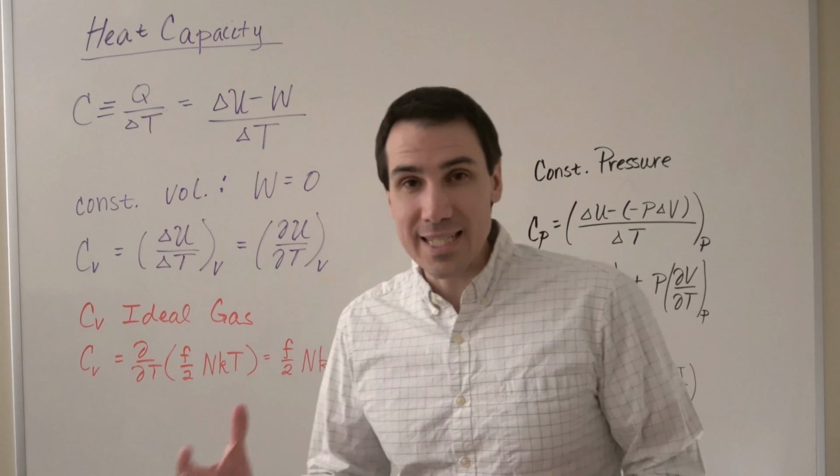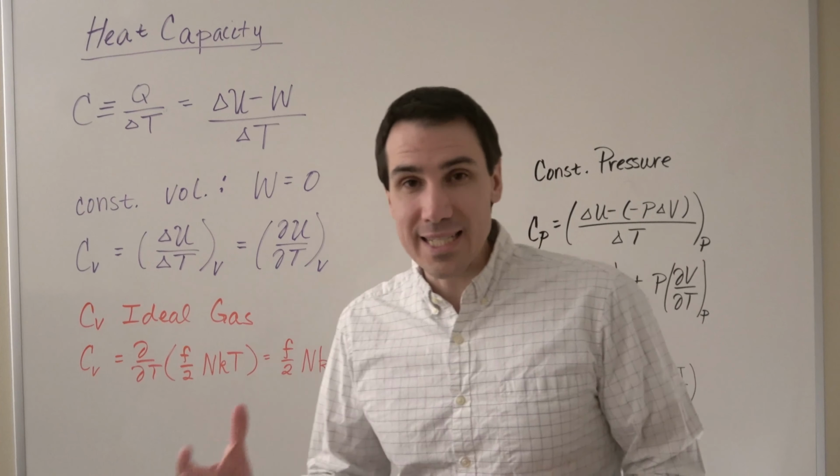So we say there's no work done on the system, which means that my heat capacity is just the change in the energy of the system divided by the change in temperature, and we're doing this at constant volume. So this V outside tells us what we are holding constant when we do this partial derivative.